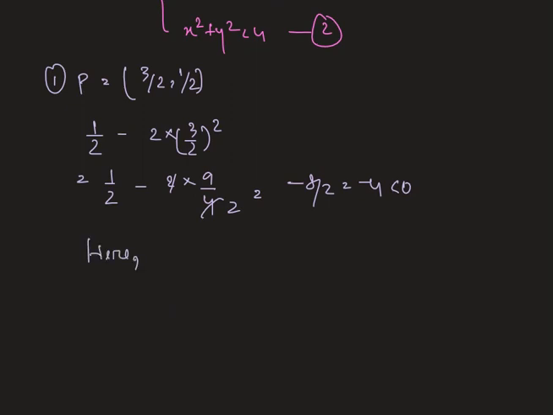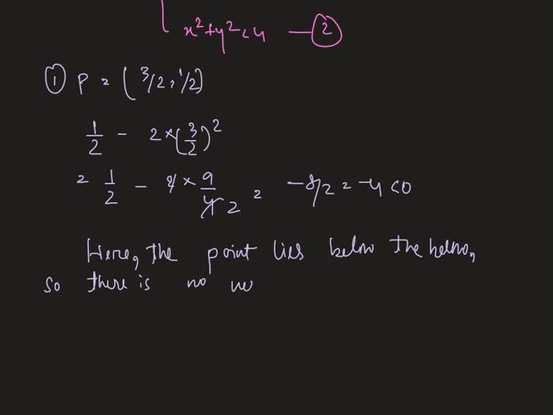Here the point lies below the parabola, so there is no need to check for the second equation, and it must not be the right option.